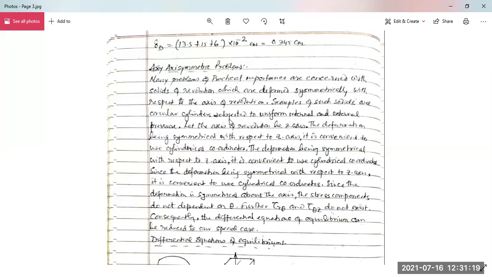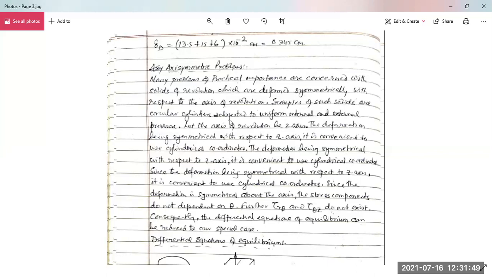All the deformation being similar with respect to the z-axis, it is convenient to use the cylindrical coordinate system.